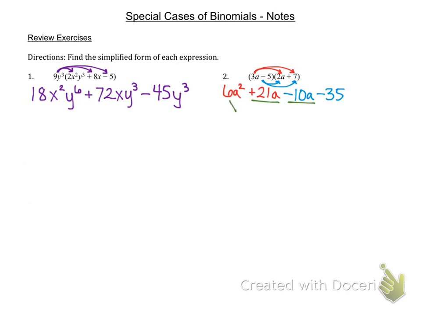So first I'm going to rewrite 6a squared. Positive 21 minus 10 is 11. So a positive 11a. And then I'm going to bring down the negative 35. So I have 6a squared plus 11a minus 35.